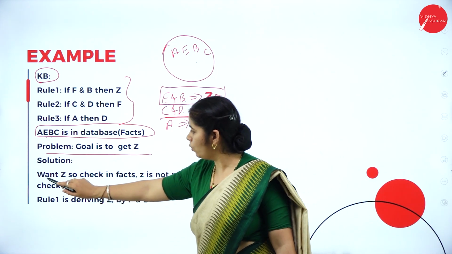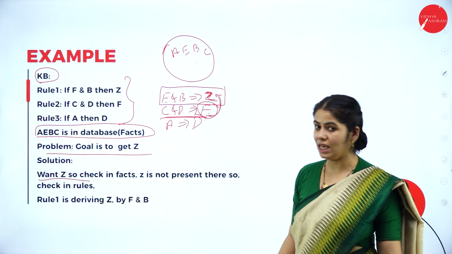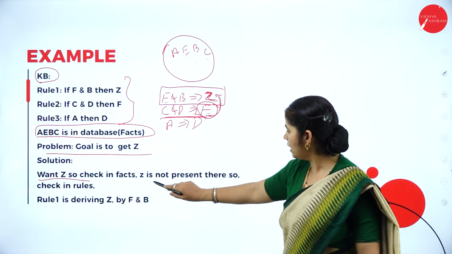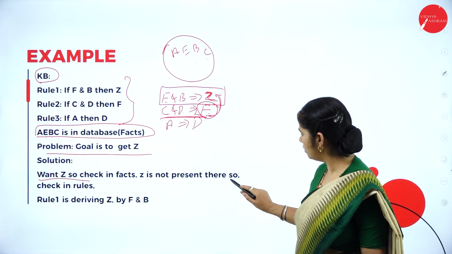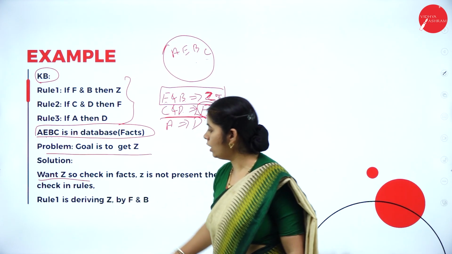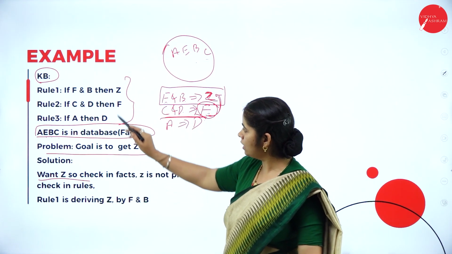What exactly are we doing? We want Z, so we check in the facts. Z is not present in the facts, so we check in the rules. Where is Z present?